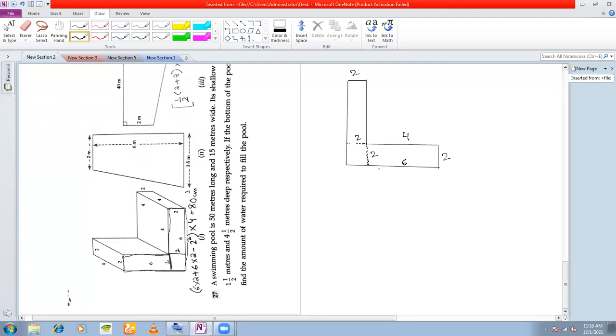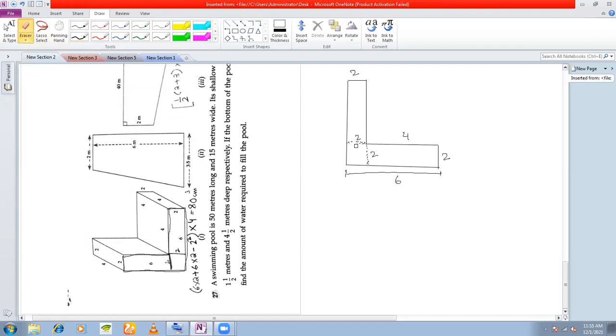That means 6 is which length here? 6 is this entire length. Let me write here. This entire length is 6, right? Okay. Fine.